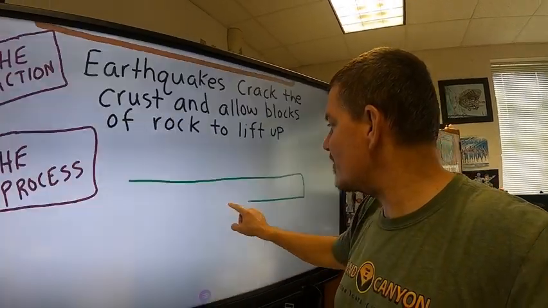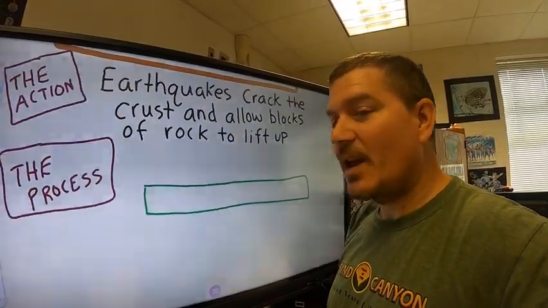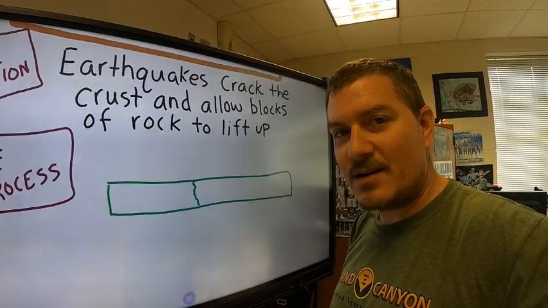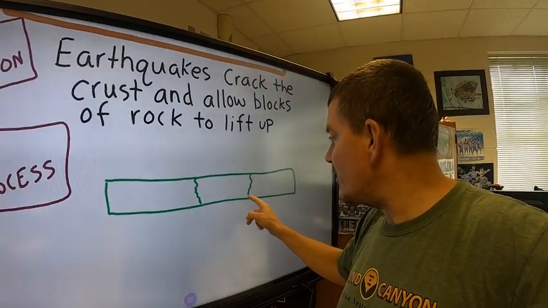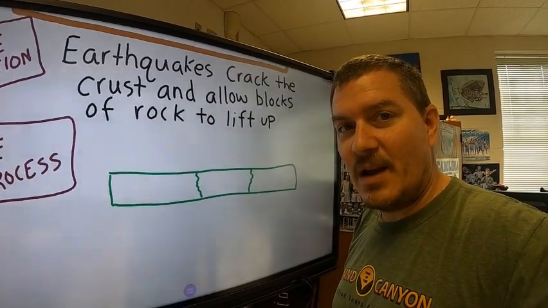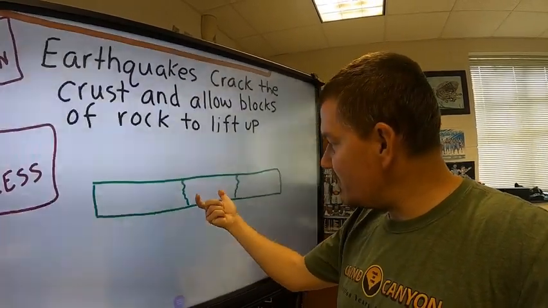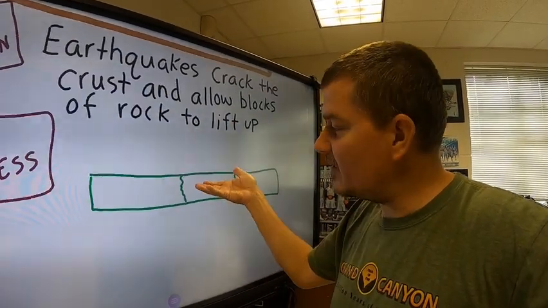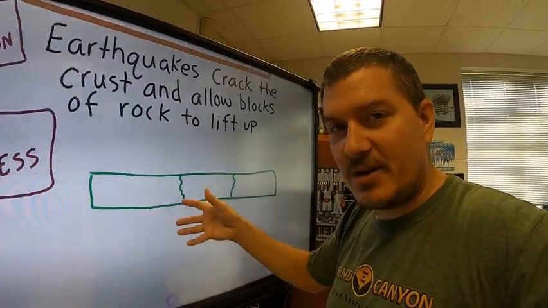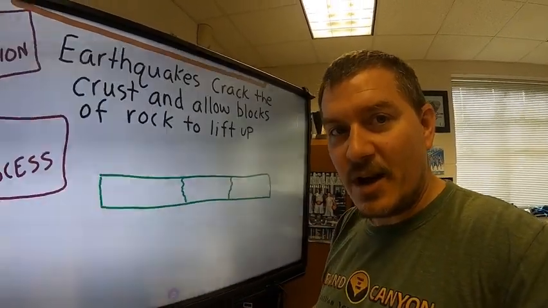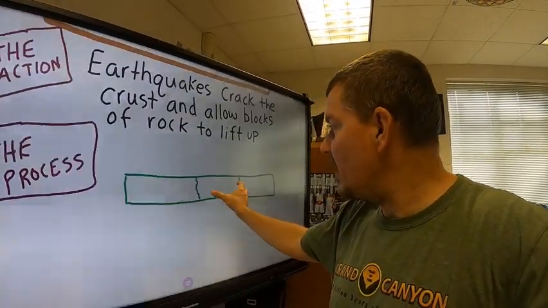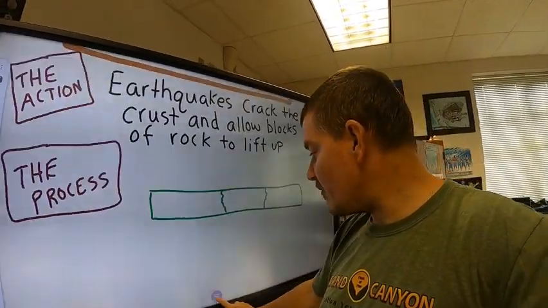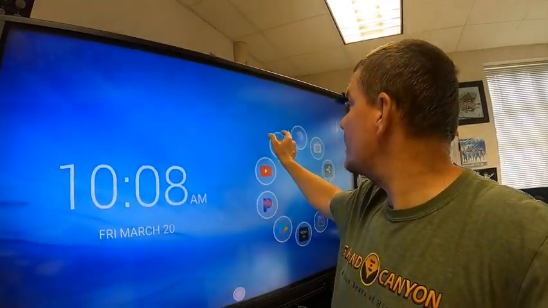We're going to have our crust that's here, but then we have earthquakes that crack the crust, that form fault lines. So once we have our fault lines, each of these chunks of rock that I've drawn in right here could be pushed up higher, could drop down lower, could be pushed inwards or separate apart from each other. Whatever the forces are doing, once we have chunks of rock that are free to move, we have the potential for the formation of fault block mountains.